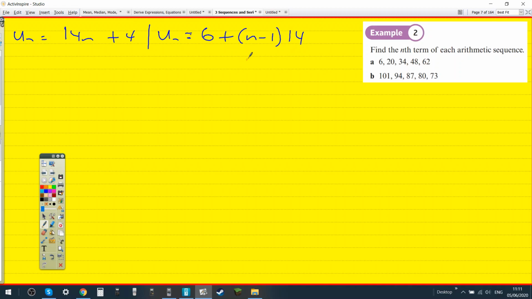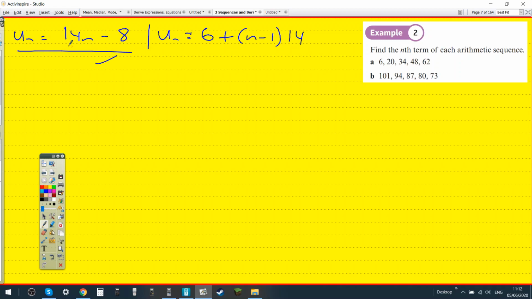That's 14n minus 14 plus 6. How did you get plus 4? I shouldn't have got plus 4. I should have got minus 8.